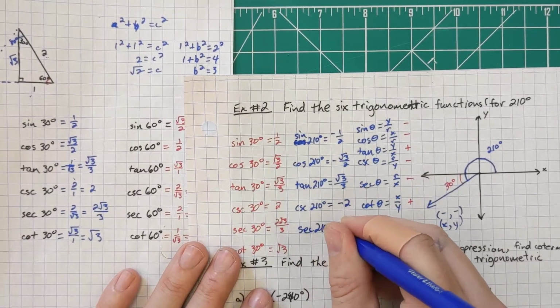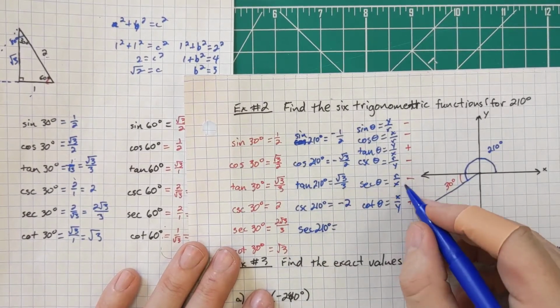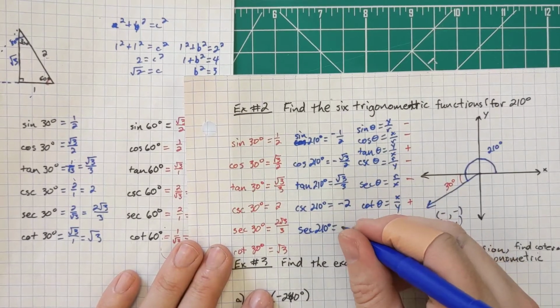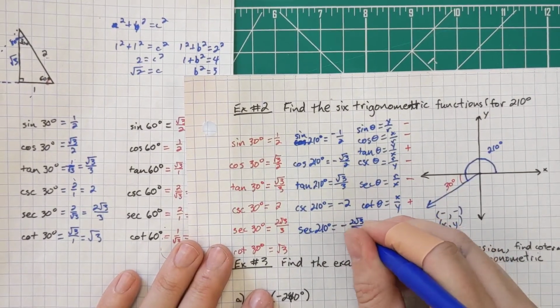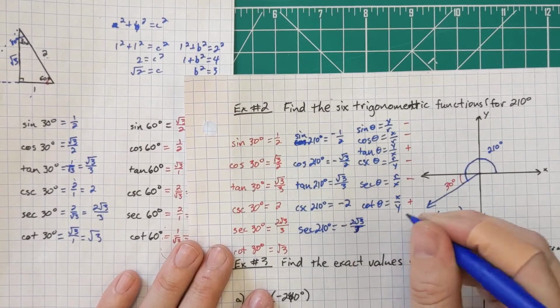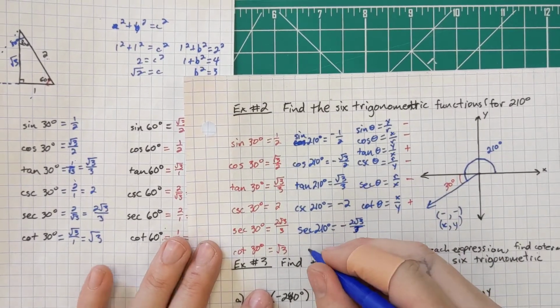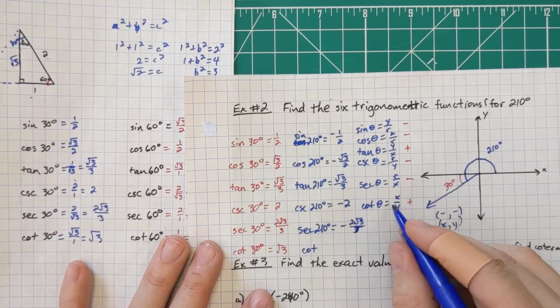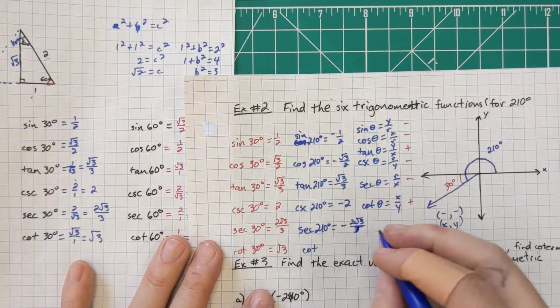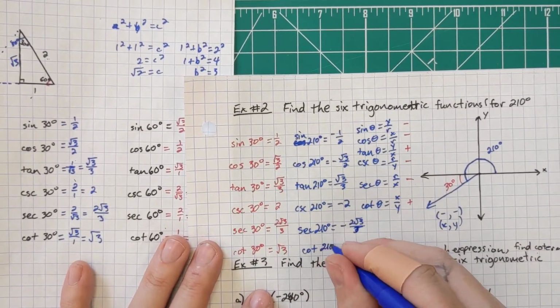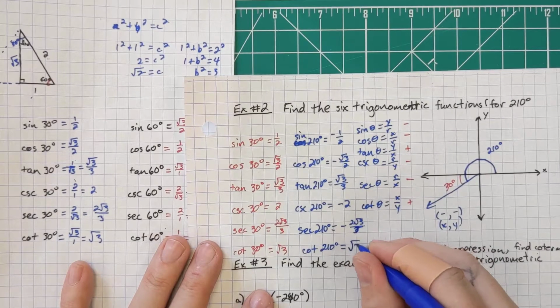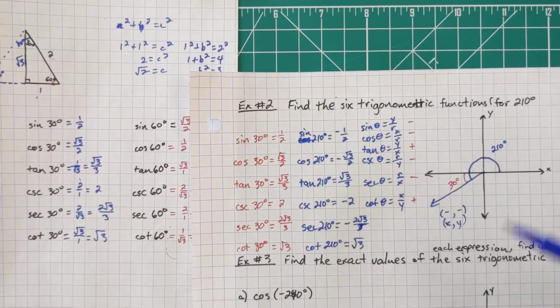Secant of 210 degrees. Well, we said that would be negative, so negative 2 square root of 3 over 3. And then cotangent, we said that was going to be positive, so cotangent of 210 degrees is square root of 3.